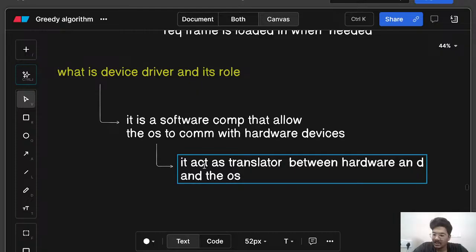It handles device-specific operations such as reading, writing, and controlling. Examples are the printer driver, keyboard driver, and graphics card driver.